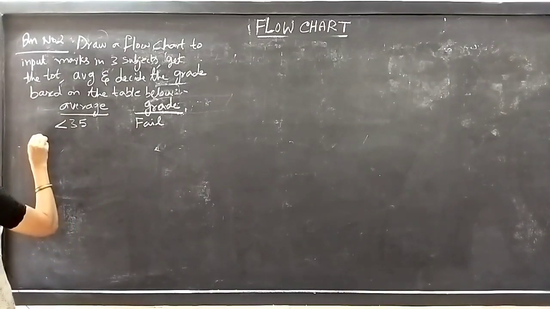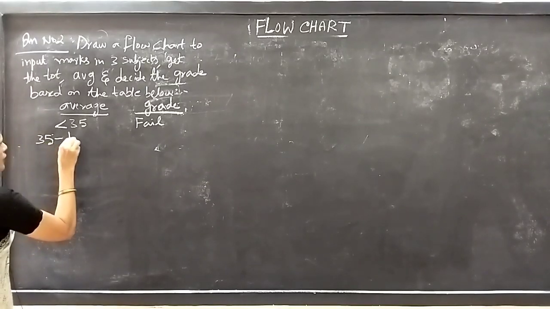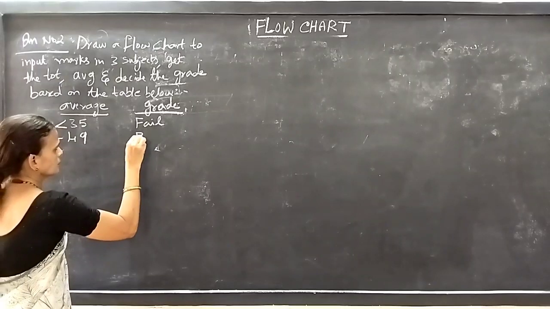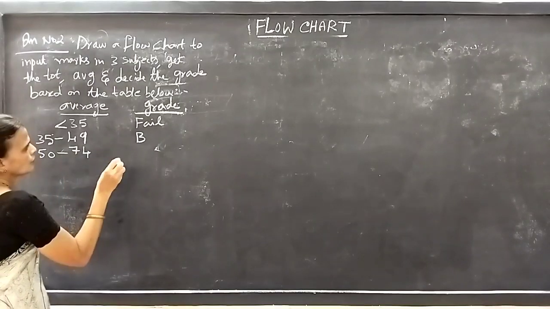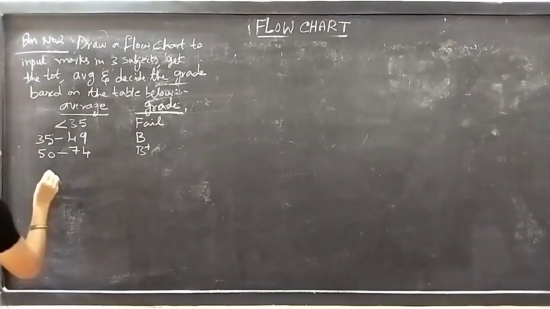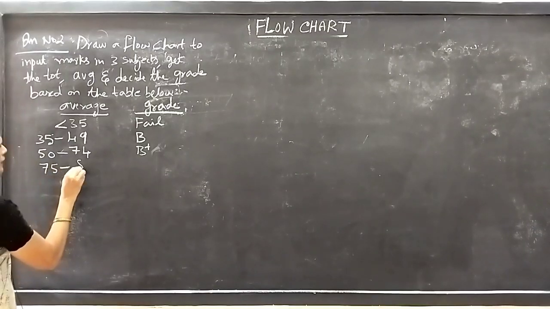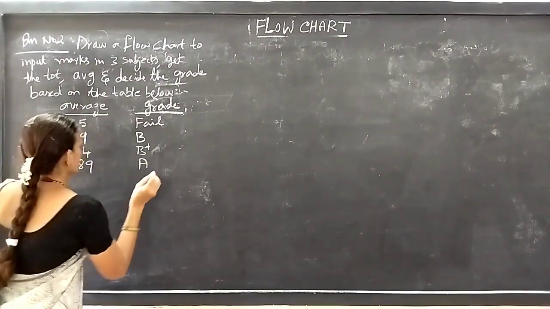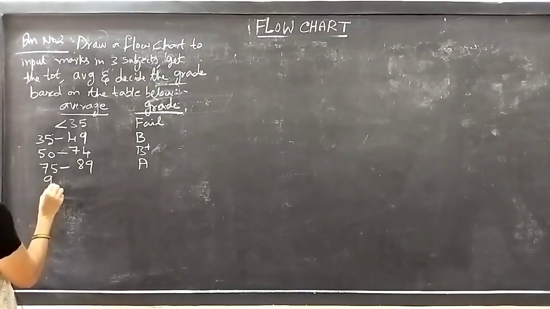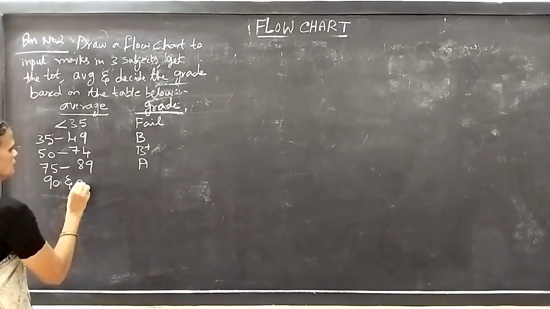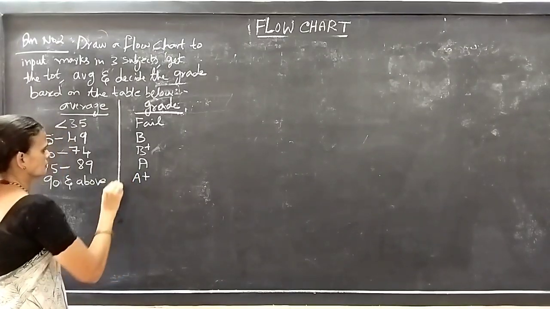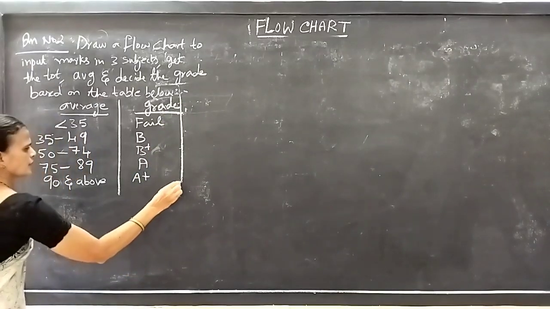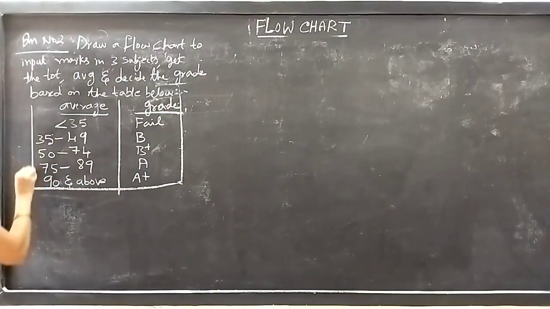If it is 35 and up to 49, the grade must be B, and if it is 50 and up to 74, B plus, then 75 to 89 will be treated as A, and 90 and above we'll treat as A plus grade. So this is the reference table in order to write the flow chart.